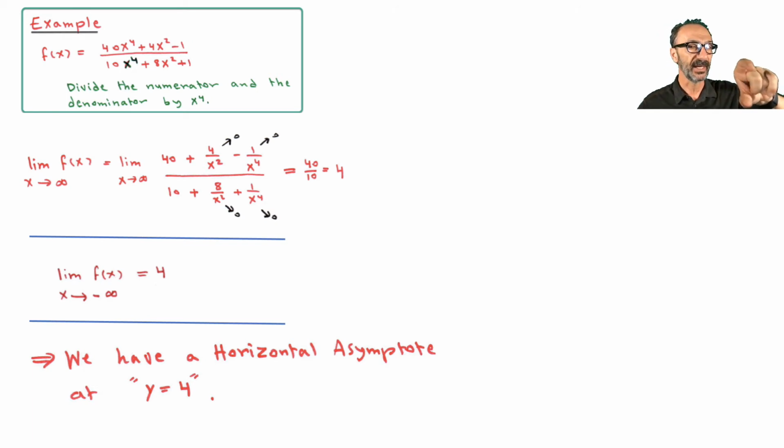Take it and look at the leading terms, divide them, look at the leading coefficients. This is the leading coefficient 40 and this is the leading coefficient 10. That's your answer. 40 over 10, which is 4, without all these steps. So because it's the same power, take it from the leading coefficients.